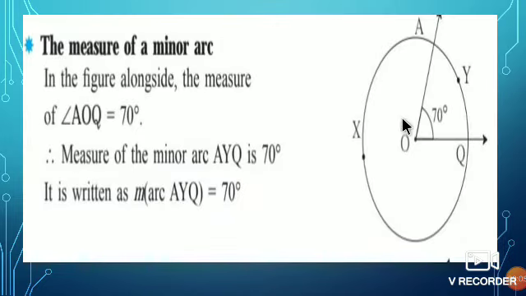That's why if this angle measures 70 degrees, the arc AYQ also measures 70 degrees. So the measure of the minor arc AYQ is 70 degrees, and it is written as m arc AYQ is equal to 70 degrees.